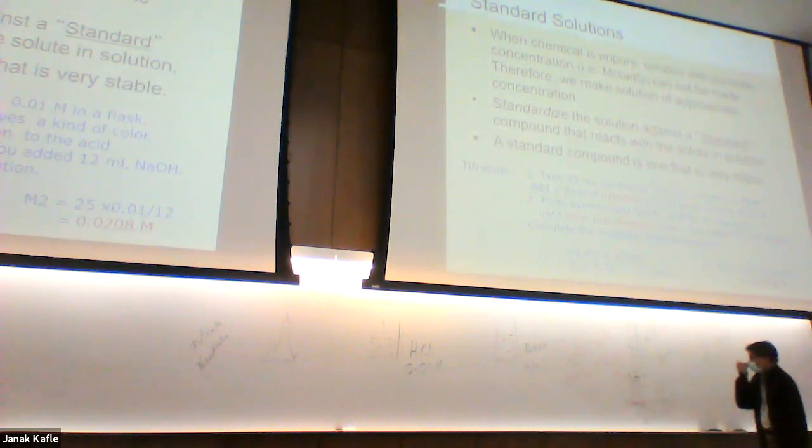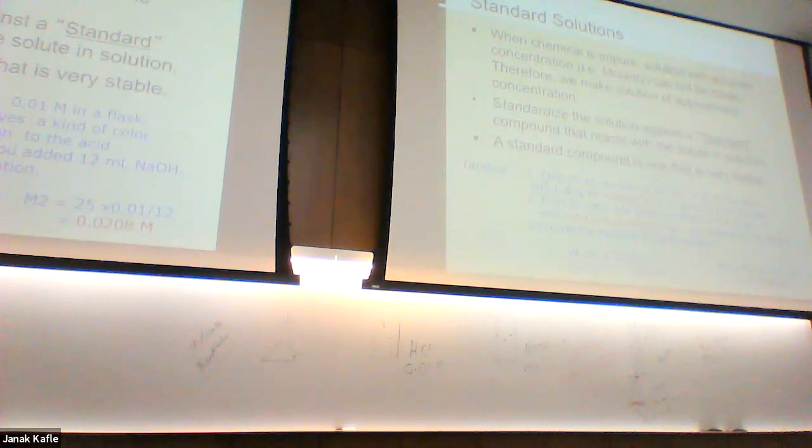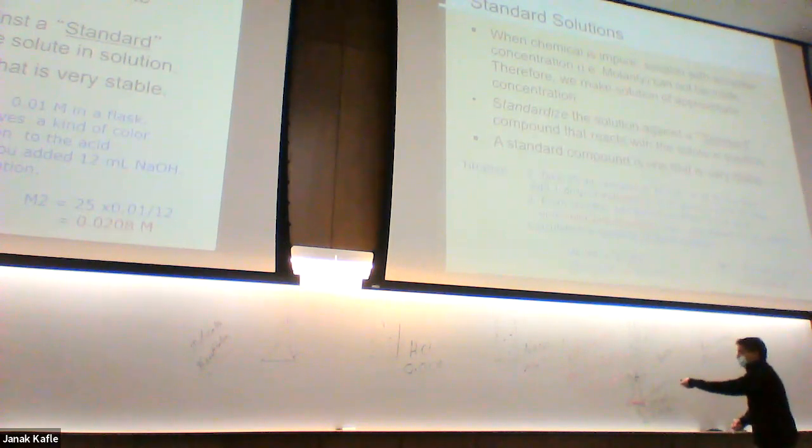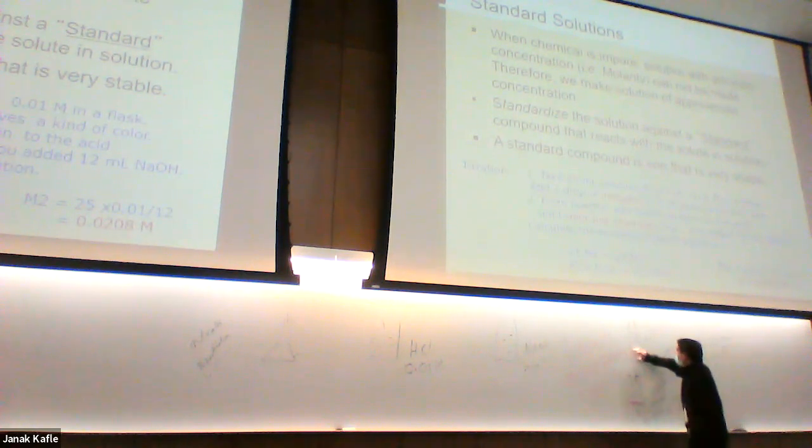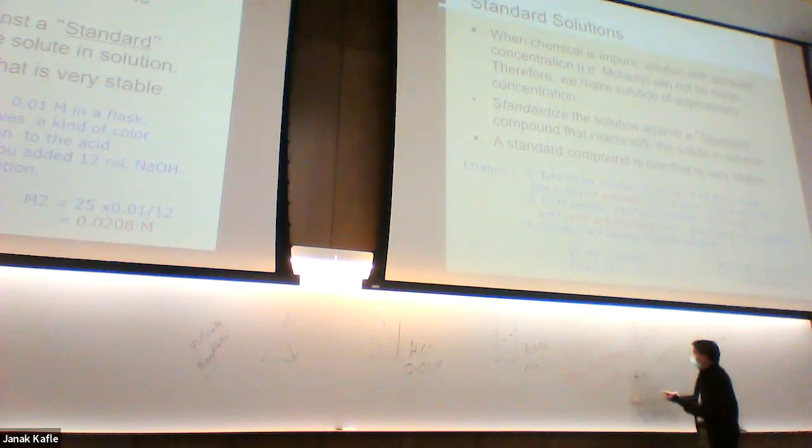I think I put the 12 ml there, but I put the 20 here. That's fine. You just multiply and divide, whatever number comes, that's the molarity anyway. Suppose it came up to 12 ml here, so this is 10, 11, 12, somewhere here.